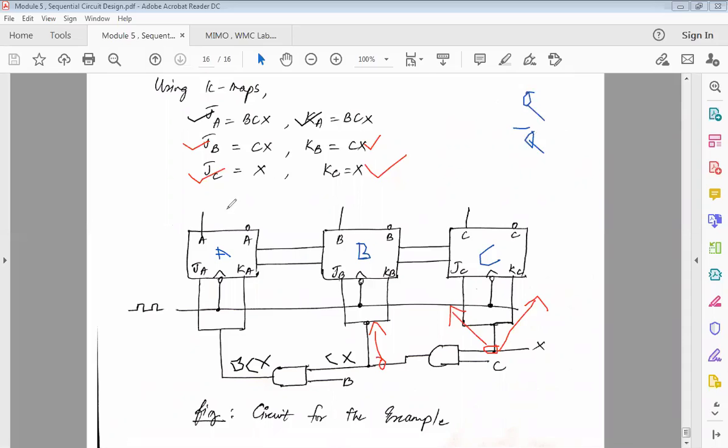And these will be connected to each other, which means we need to have a common clock also. So that is what is given here, and I am giving the clock here, which is common for A, B and C.